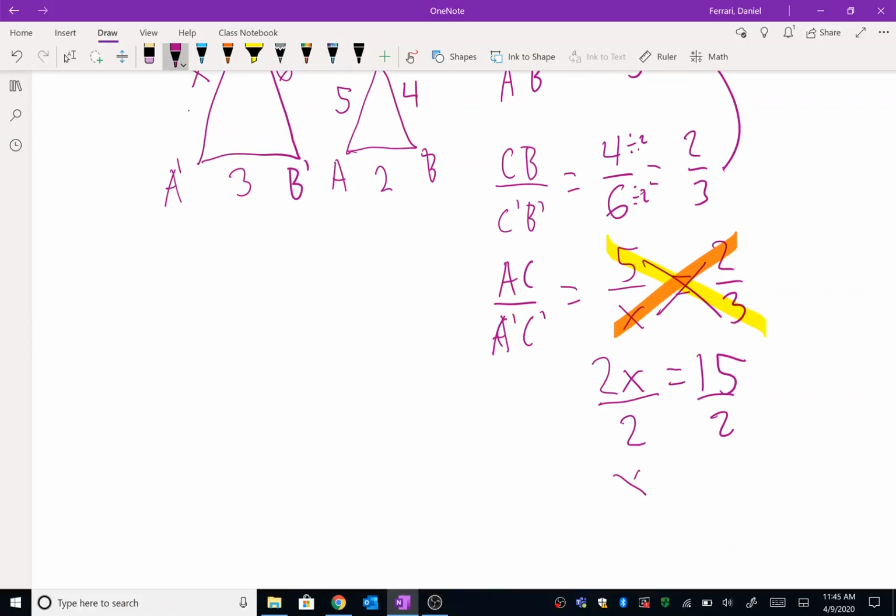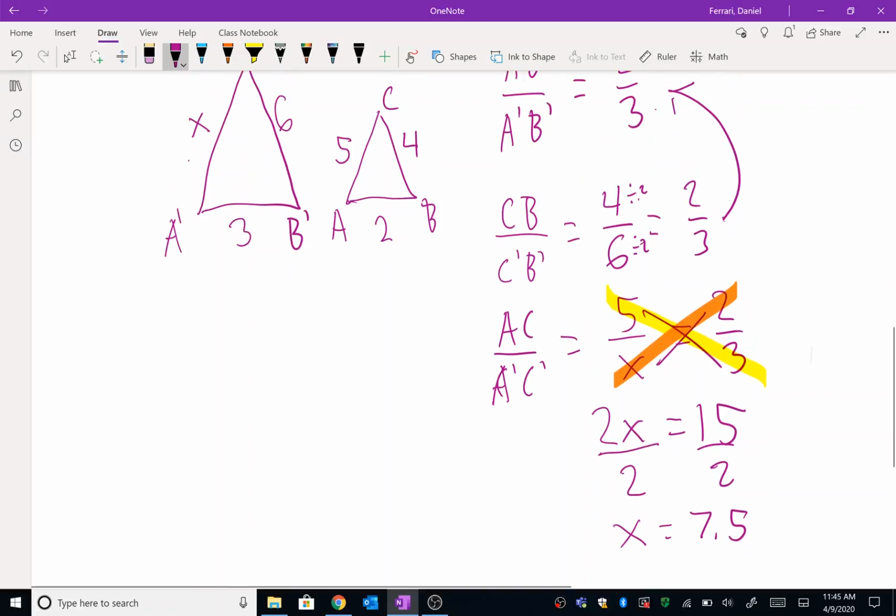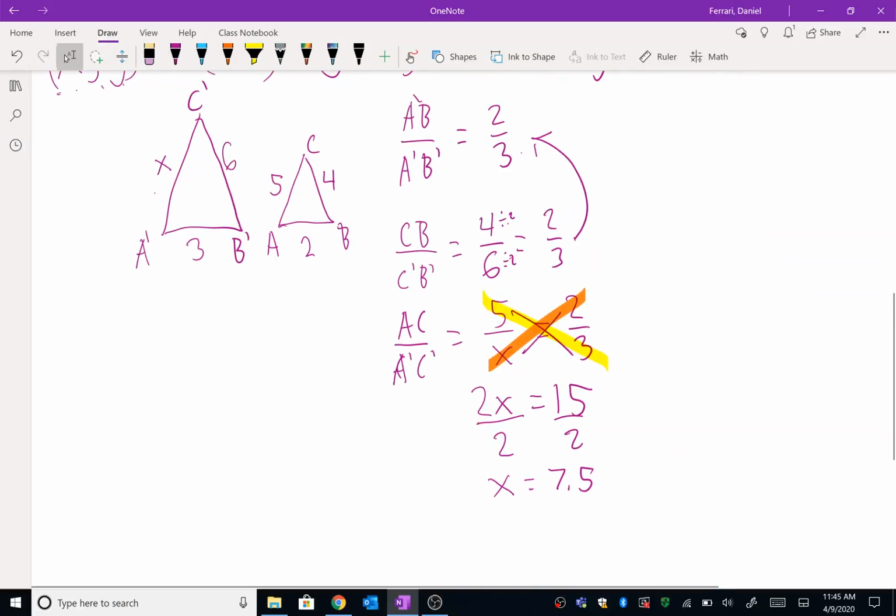So the answer to this problem is x equals 7.5. Basically, if you know that two triangles, or two shapes, I should say, are dilated versions of each other, you know that they are similar, which means you can set up ratios.